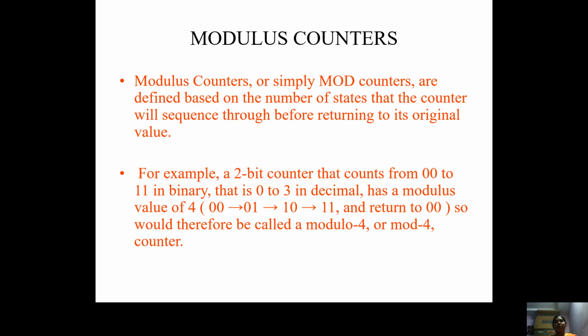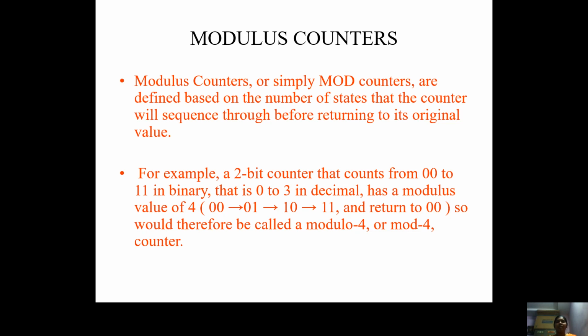Similarly, if we want to design a mod 5 counter, how many flip-flops do we need to satisfy the number of counting sequences? From the basic counter design, we know the counting sequence will be from 0 to 2 power n minus 1. So for a mod 5 counter, we require 3 flip-flops, though it is capable of counting 8 values.